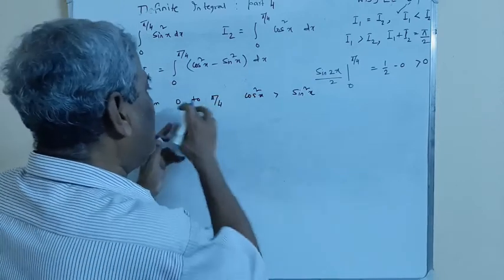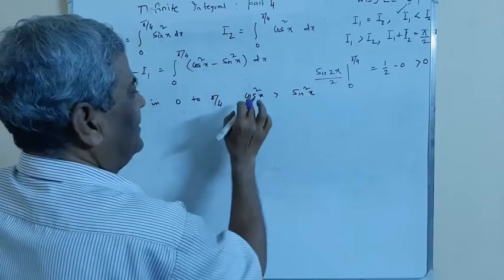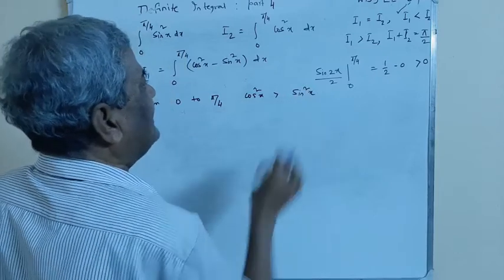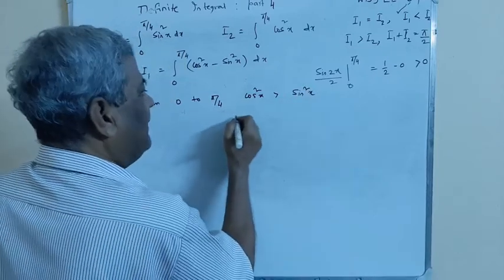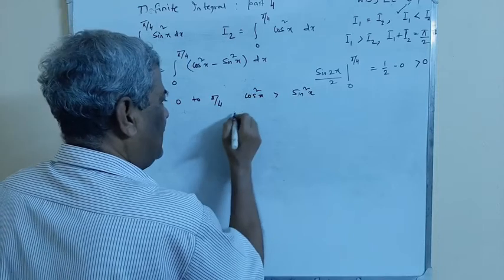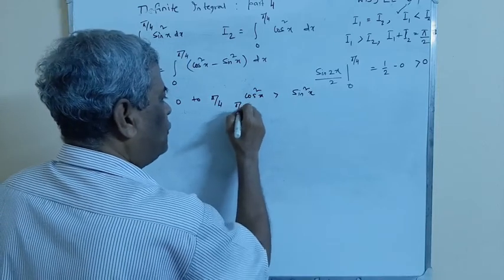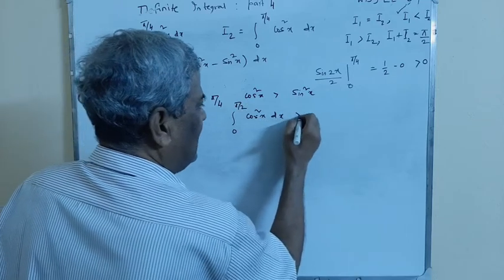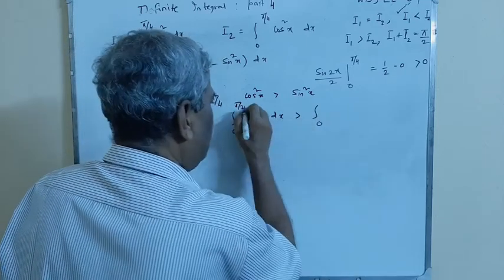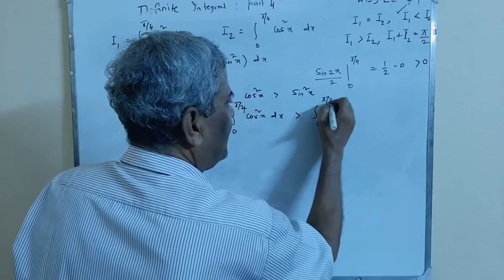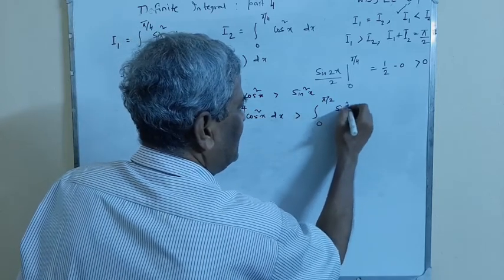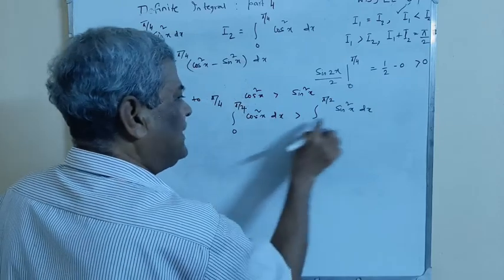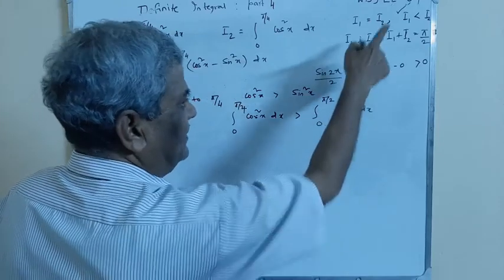So at every point, this ordinate is greater than that ordinate. So very clearly their integration, the integral from 0 to pi by 4 of cos square x dx is greater than the integral from 0 to pi by 4 of sine square x dx. So I2 is greater than I1.